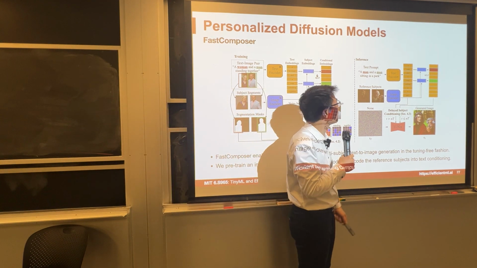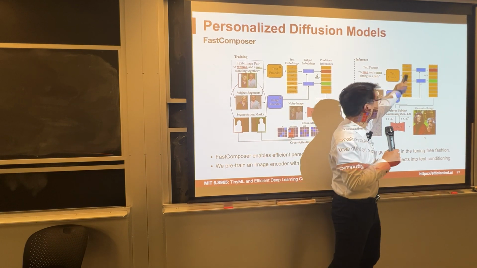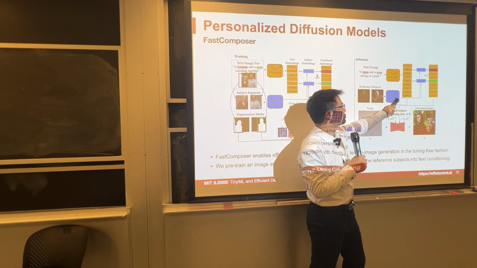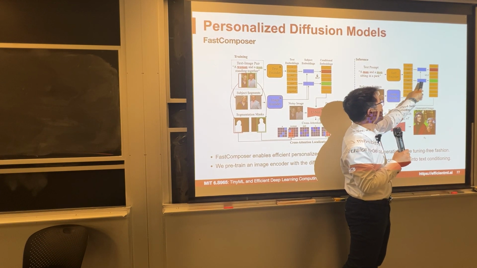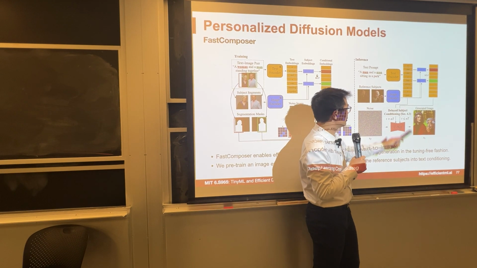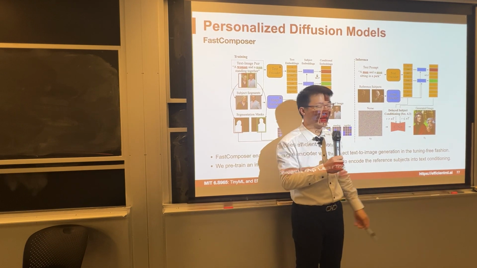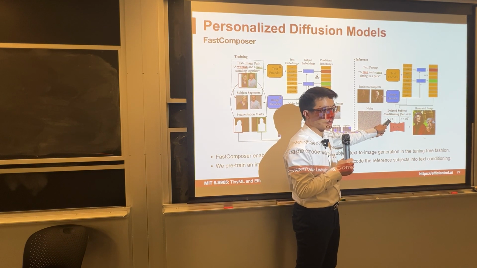At inference time, again, we have the text prompt, pass it through the text encoder, and we get the tokens. The image, through the image encoder, we also get the tokens. We add the corresponding man into the text with the image. And the trick here is we need a delayed subject condition.